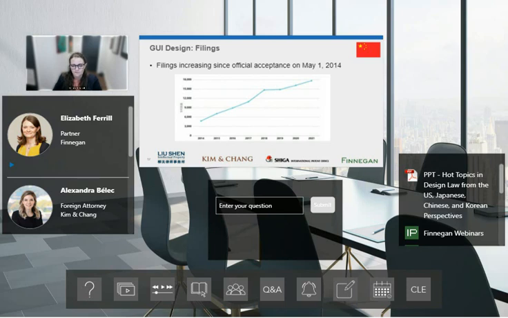So I'll answer the second part first, which is that a Hague application is a registration system in countries that have registration systems. But in countries that have examination systems, a Hague application is examined similarly to a homegrown application.